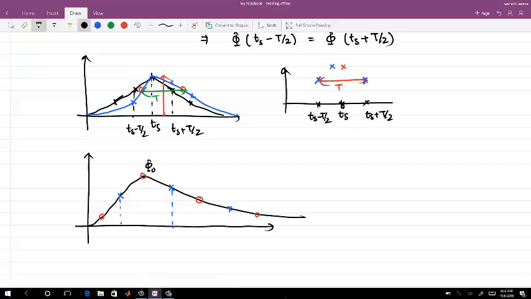This is phi of 0, phi of 1, phi of 2, and this is phi of minus 1. If I am cancelling the first post cursor ISI, I am trying to bring this down to 0.